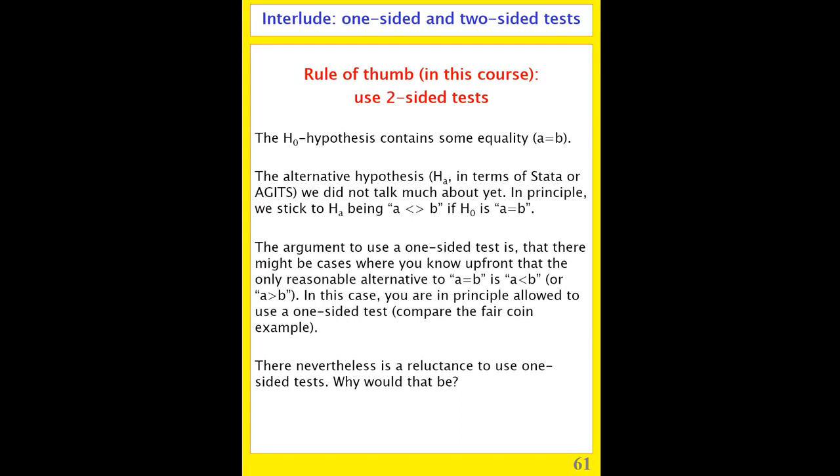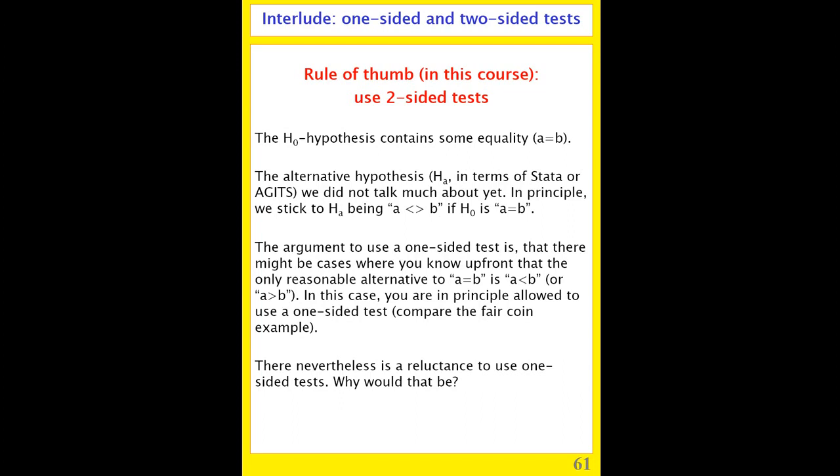That would in principle be an argument to use a one-sided test, but the standard counter-argument would be, well, if you depend on that argument to find an actual difference, then you have to be really, really sure that you thought about this argument up front and not afterwards.